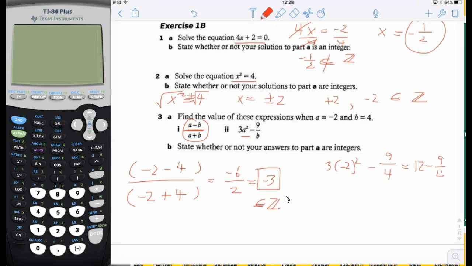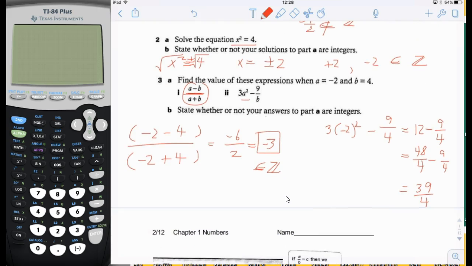So that's going to be equal to, if you make 12 into a fraction with a common denominator of 4, it's going to be 48 over 4. Minus 9 fourths, 48 minus 9 is equal to 39 fourths, which is not an integer, right? Not an integer. Okay? So that's it for page 1.